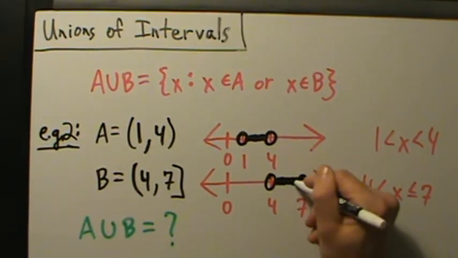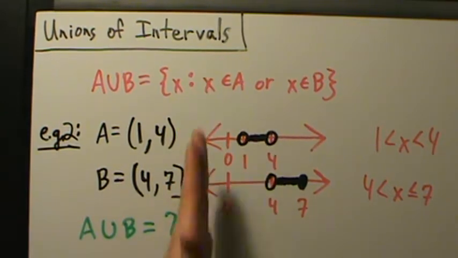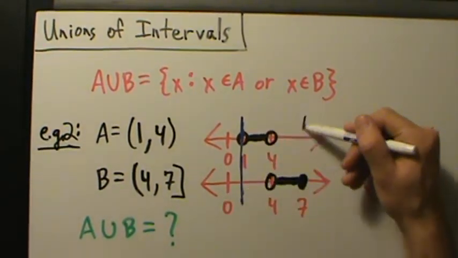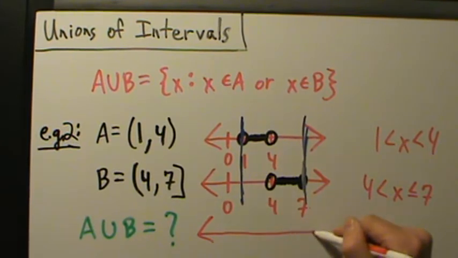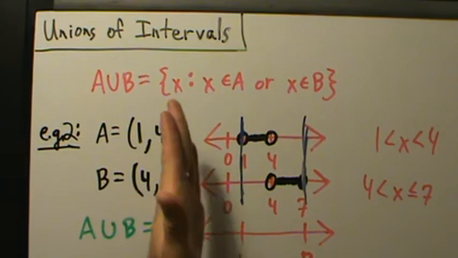Now if we want to do a union, remember how we do unions: we take the thing farthest to the left and the thing farthest to the right, and drop it down into a new number line for the union. What's farthest to the left? It's 1. What's farthest to the right? It's 7. What's going on in between? We just go from left to right.